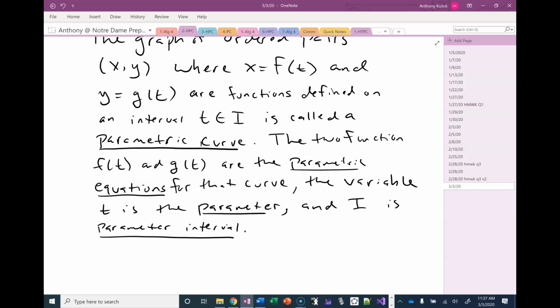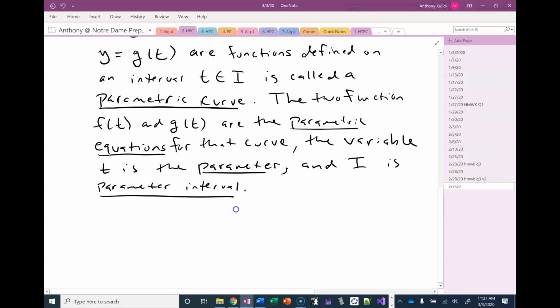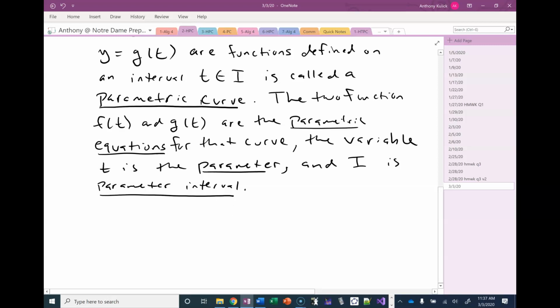And the answer is, this allows us to create functions that would be kind of impossible to make using the regular Cartesian coordinate system. And we'll use our calculator to generate some interesting examples here in a little bit. So let's do that.